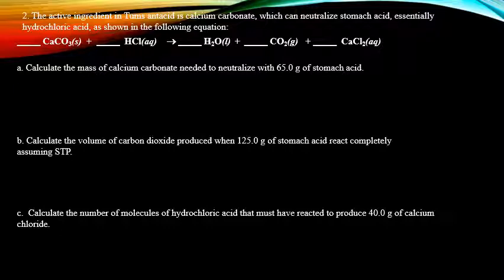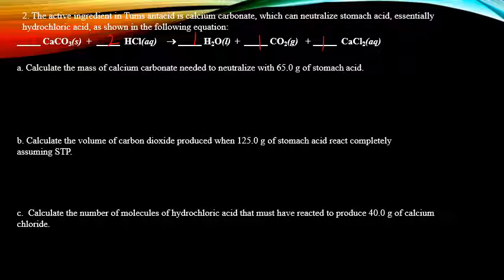So going for our balanced equation for this, I would have a 1 for the calcium carbonate, a 2 for the hydrochloric acid, and then a 1, 1, and 1 for the water, carbon dioxide, and calcium chloride.